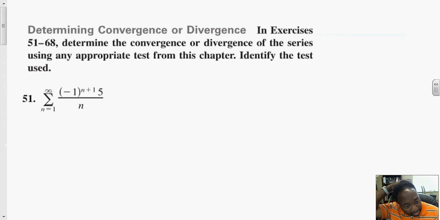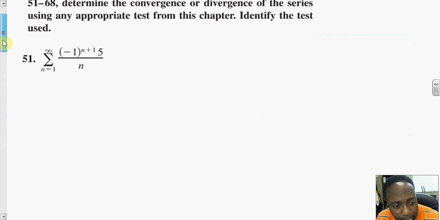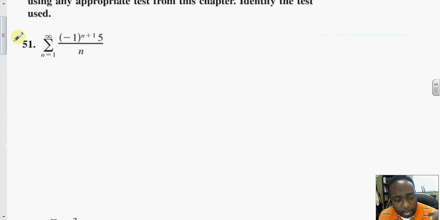So we have a lot at our disposal in terms of what you can use to be able to determine the convergence or divergence for a particular series, and also the alternating series test.